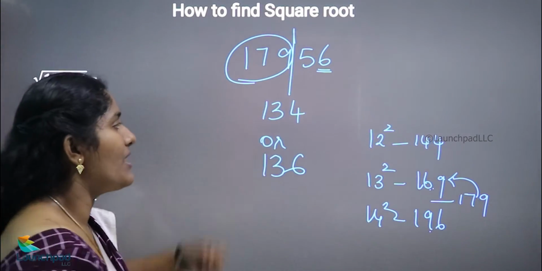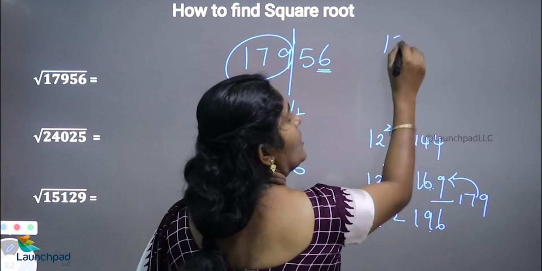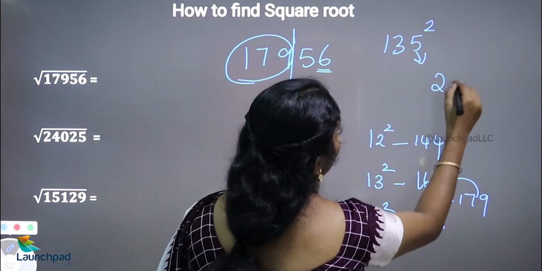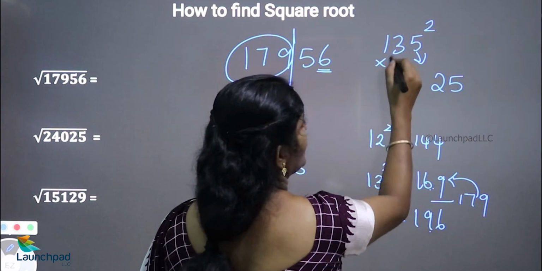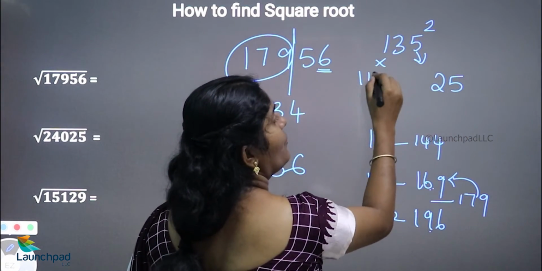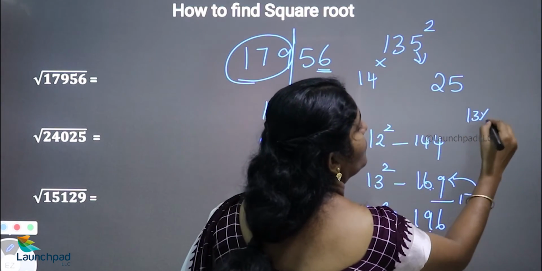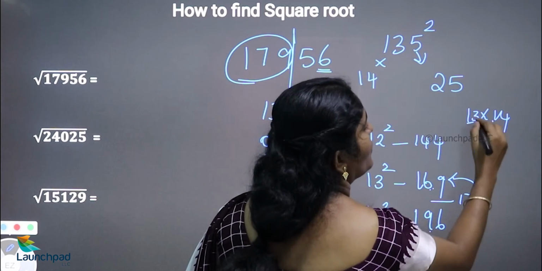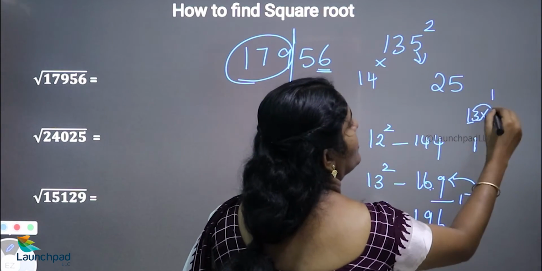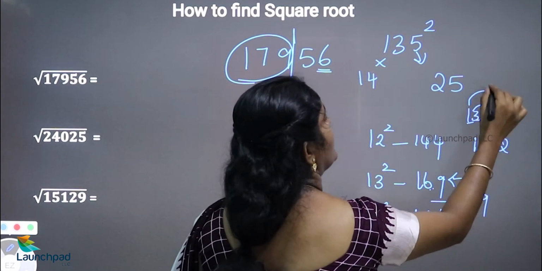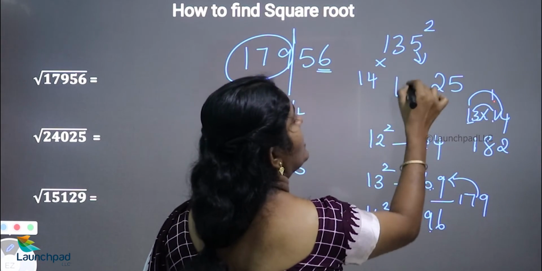Now we are going to find the square root of this one. So what is your middle value here? 135. What is the square of 135? 5 square value 25. What is the next number from 13? 14. 13 into 14: 1 4s are 4, 3 4s are 12, 1 3s are 3, and 1 is 1. 182.